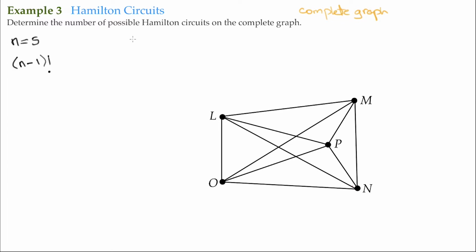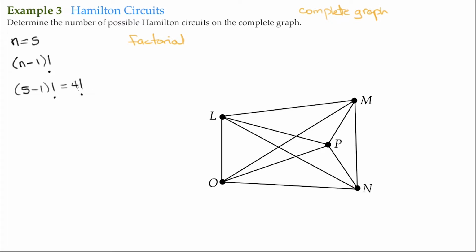And a factorial, I'll write it right here, is where you take a value, a number, and you multiply it counting down to 1. So for this example, if we have 5 vertices, then we have 5 minus 1 factorial, and 5 minus 1, that's 4 factorial. It's this exclamation point.